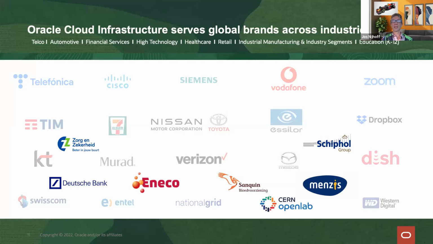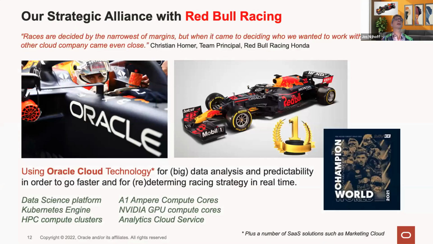Okay, let's go and see another big customer that is probably more familiar to you, or at least to me. During the COVID pandemic, I've been working at home all the time, and pretty much the only amusement I had, apart from my kids, is watching Formula 1.